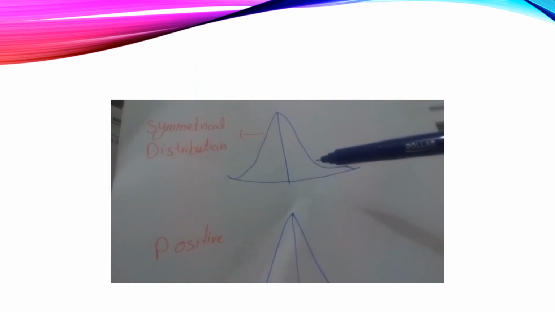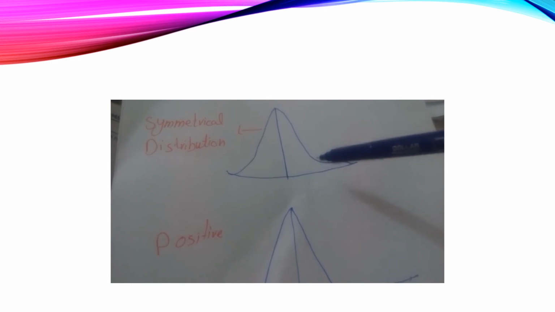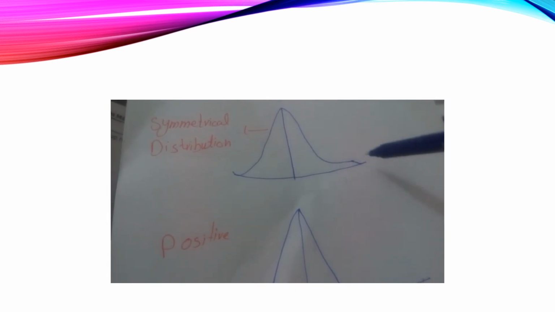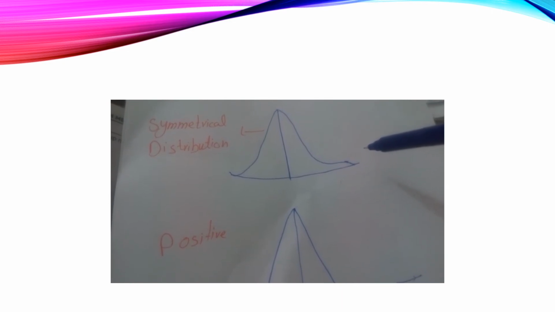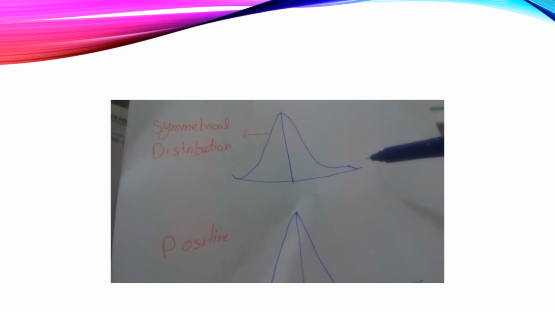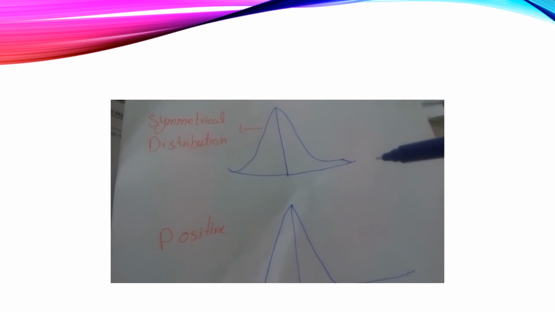This is a bell-shaped curve. If both sides of the curve, or both tails, are the same size and shape, this is called a symmetrical distribution. In a symmetrical distribution, mean, median, and mode are equal.